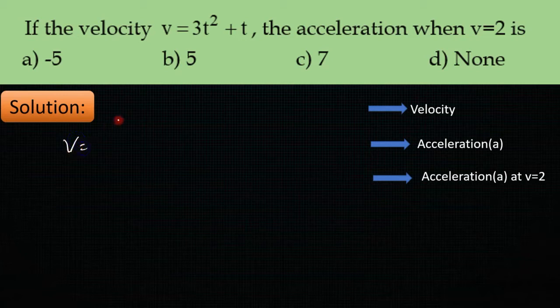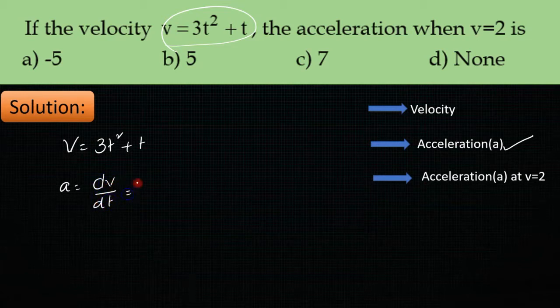Given v = 3t² + t, now we find the acceleration a = dv/dt, that is differentiating with respect to t on both sides of this equation, we get differentiation of 3t² is 6t plus differentiation of t is 1. Now we find the acceleration at v = 2.